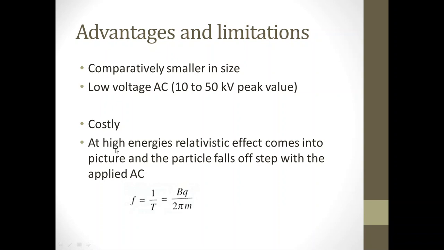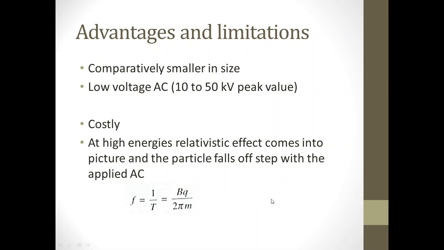Also, when the energy of the particle increases, that is, the velocity of the particle increases to particular limits, what happens? Relativistic effects come into the picture. The velocities become relativistic, so the mass of the particles becomes relativistic.